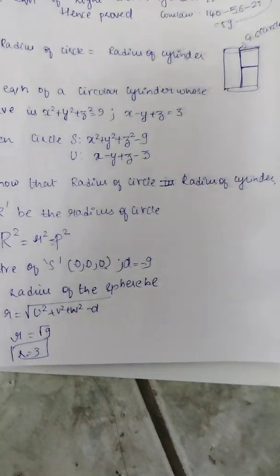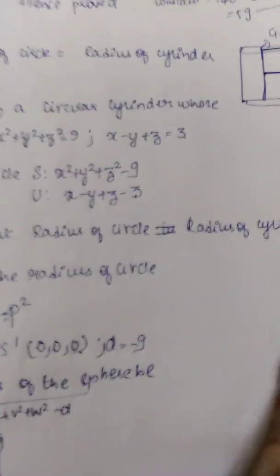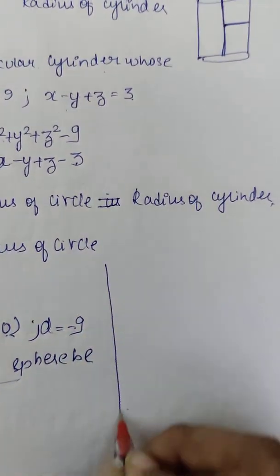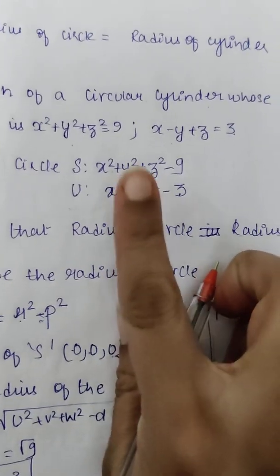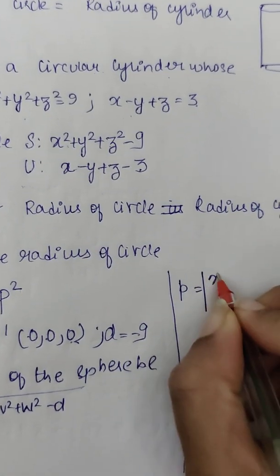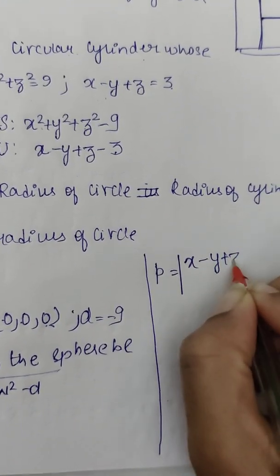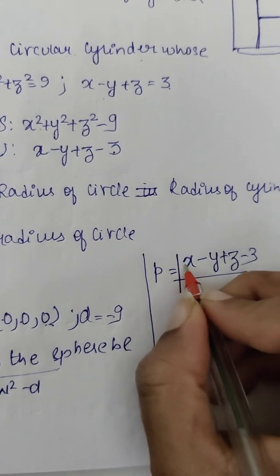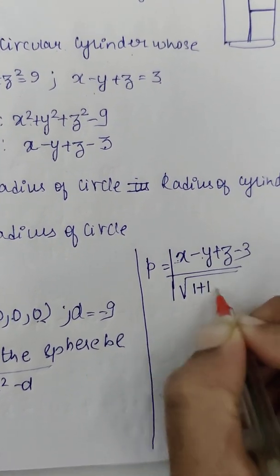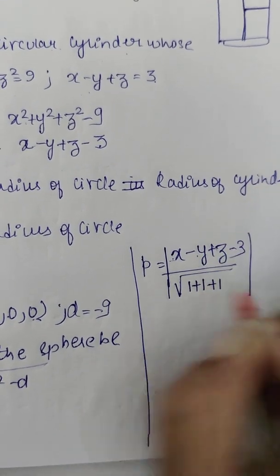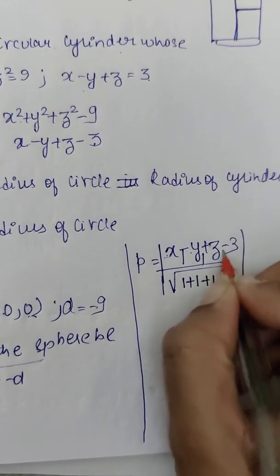Now the next thing is that I have to find out the perpendicular length p, the perpendicular length to the plane. So I'm going to copy down the plane, take the coefficients of the plane, do the whole square, write down the denominator, plus 1. This will be x1, y1, z1.